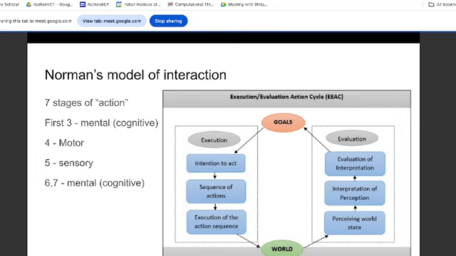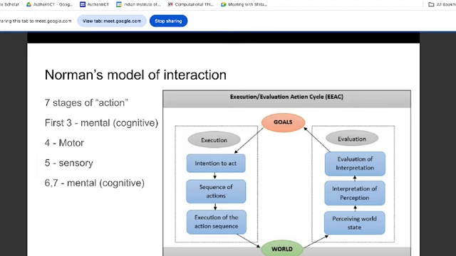Now, note that these three stages of forming goals, intention to act, and then thinking about the sequence of action, are three mental and cognitive stages. Then, in the system, we interact with the system by performing these tasks, and then comes the next stage, that is perceiving the state of the screen or the system.